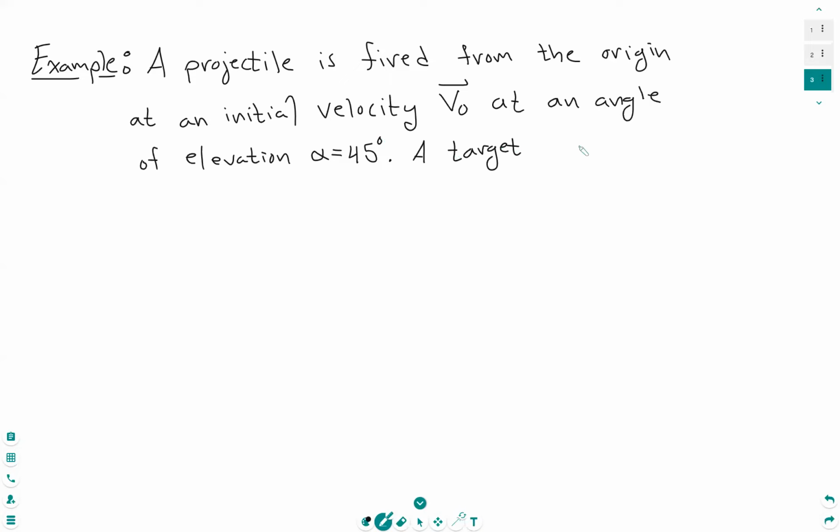A target is set up at the point x subscript t for target, yt, and 0.